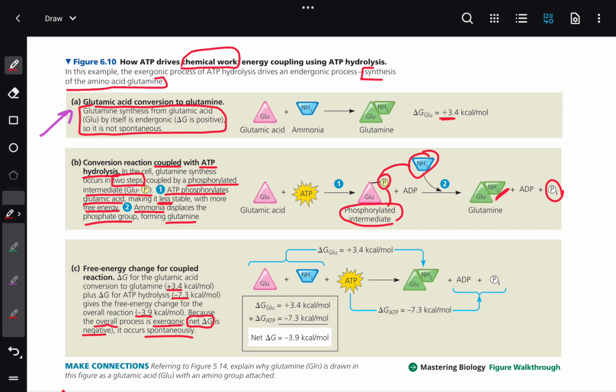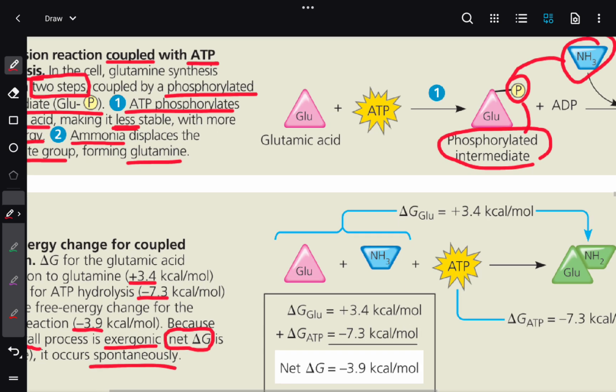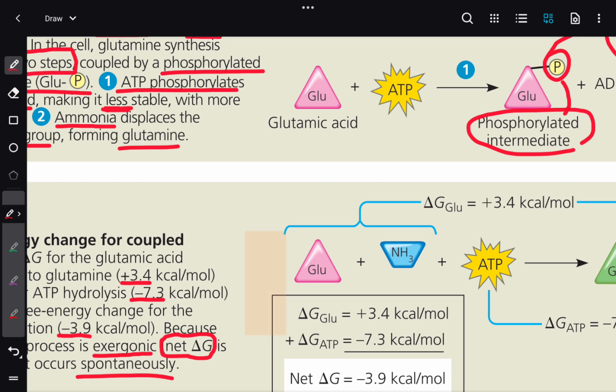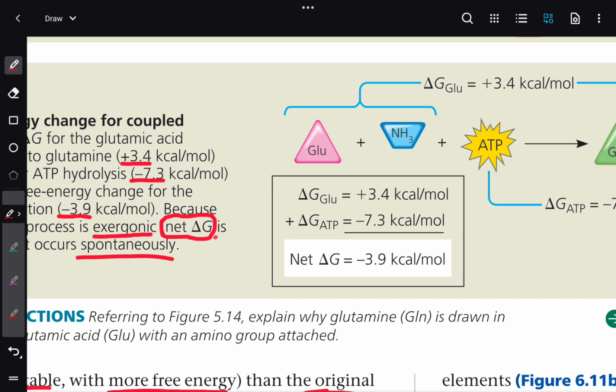Exergonic and endergonic reactions, when coupled, can be addressed with one adjective. Like you can consider them either endergonic or exergonic. What does that mean? That means if they're coupled together, the net free energy is minus.